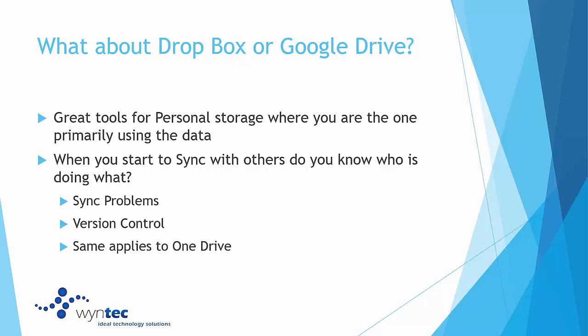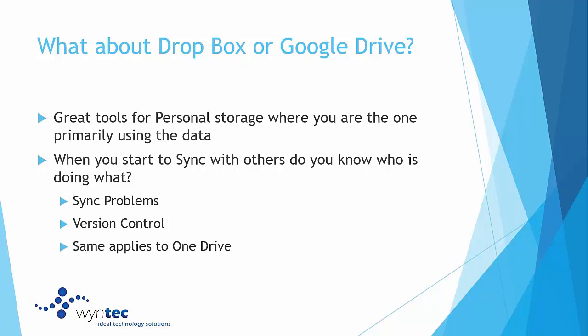Whilst OneDrive is very familiar in its look and feel, your traditional Windows Explorer interface, going in using your Windows tools and accessing it just like you access your My Documents and things like that, it's very easy to think that's the simple way to approach how we're going to share data within our organisation.